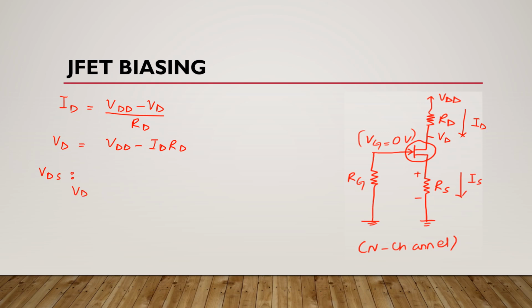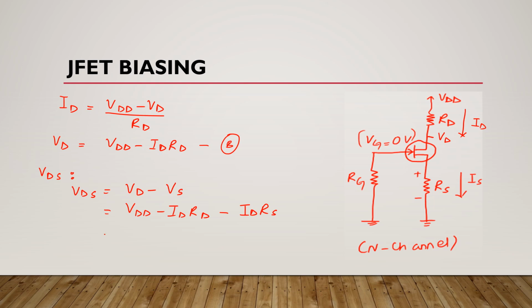Now what about drain to source voltage VDS? This drain to source voltage is equal to Vd minus Vs. Here this Vd is equal to VDD minus Id Rd, as you can see here in this equation B, and we know that Vs is equal to Id Rs.